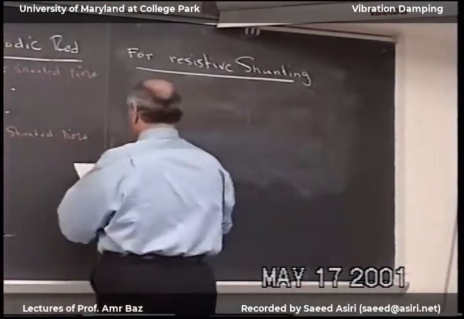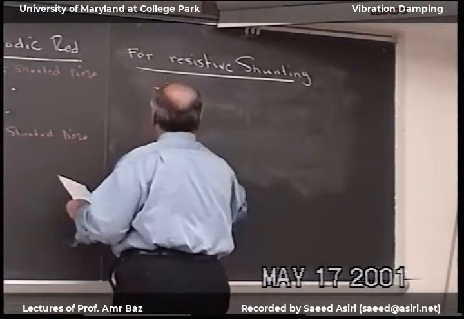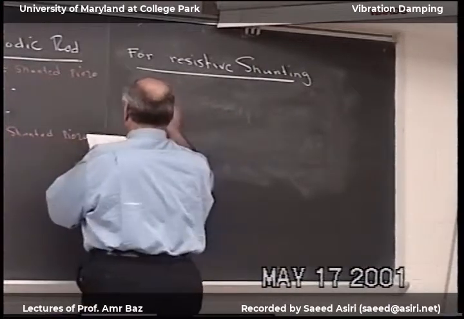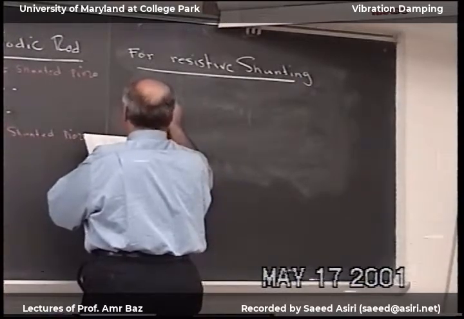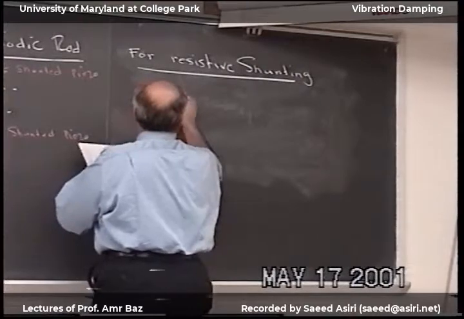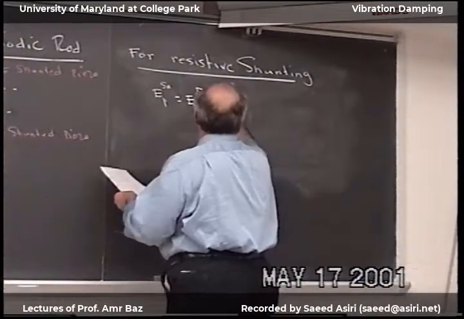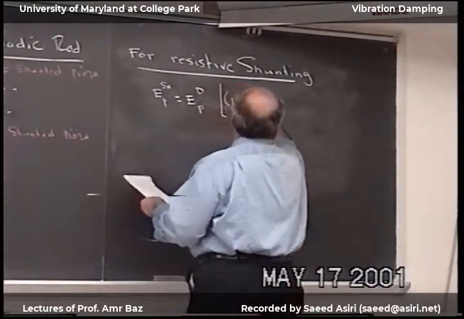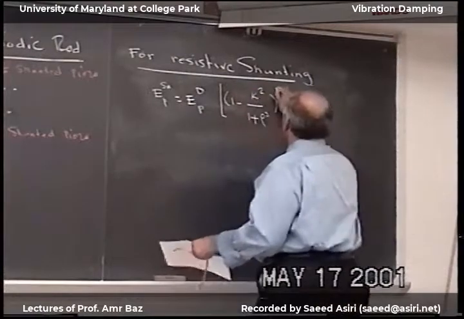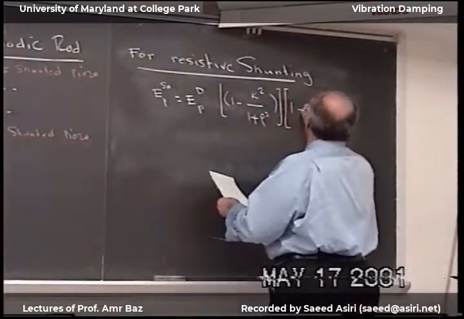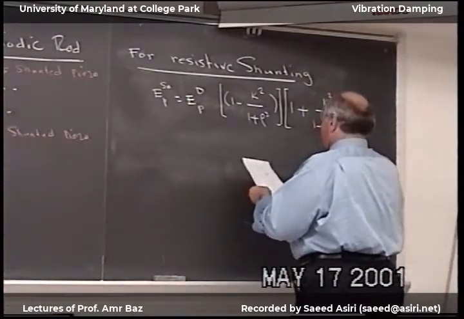For resistive shunting, we have E of the piezo shunted equal to E D in the piezo, and then this will be 1 minus k squared, 1 plus rho squared, and then times 1 plus k squared rho, and then we have 1 minus k squared plus rho squared.